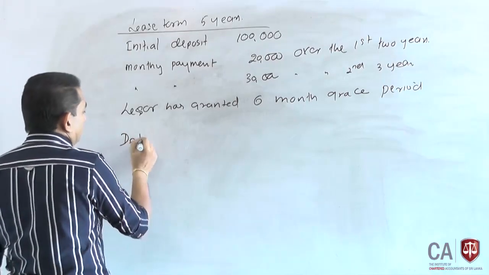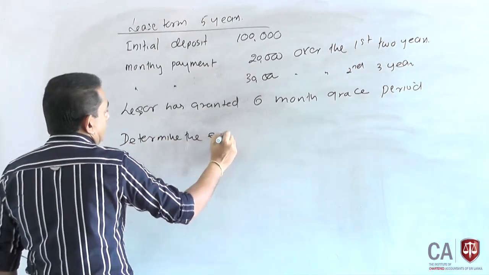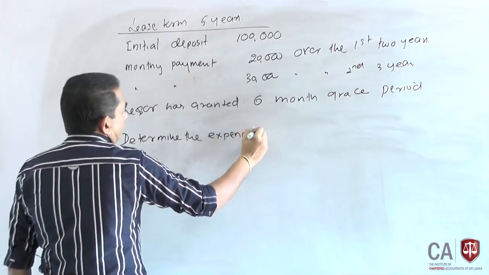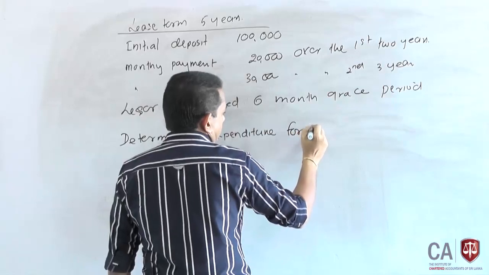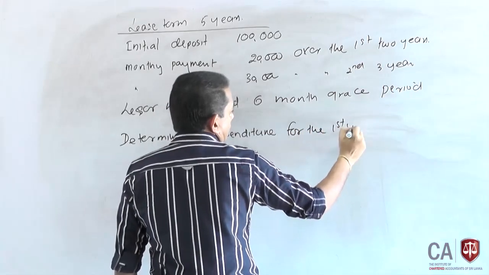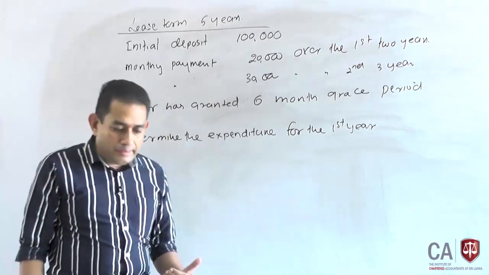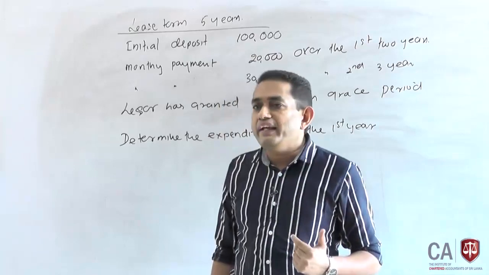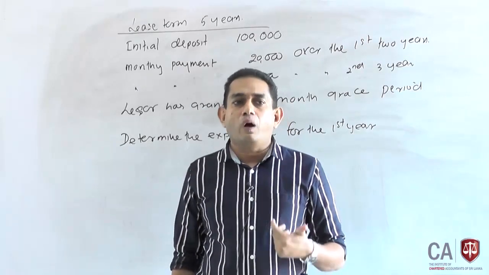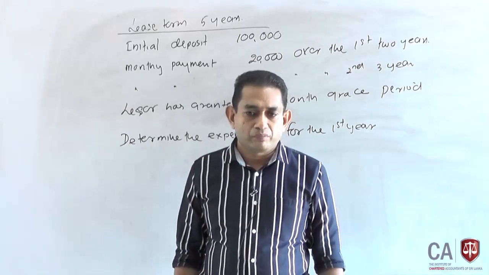Determine the expenditure for the first year. Now, apparently, the question does not provide any preferable method of the lease rentals being expensed to profit and loss.